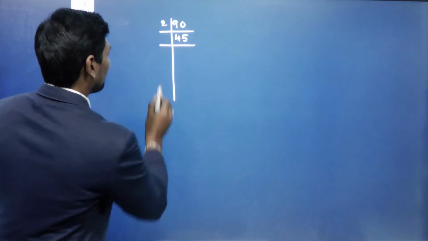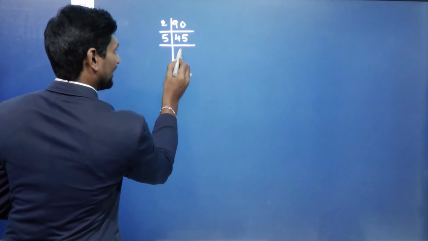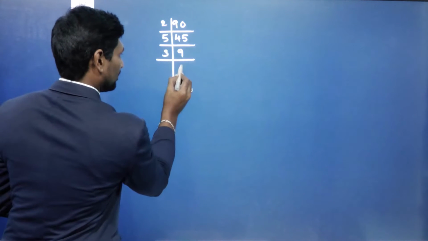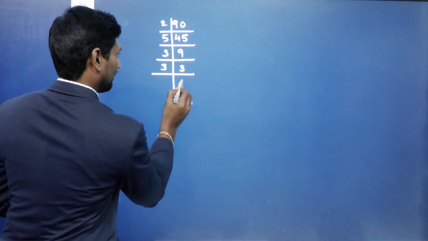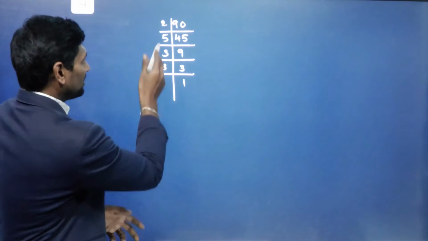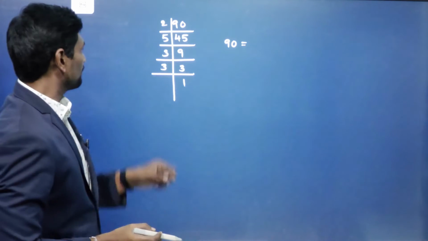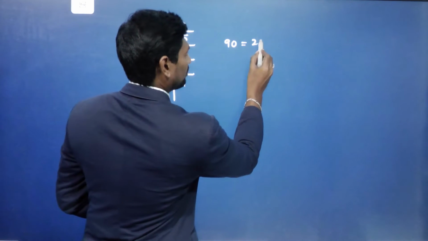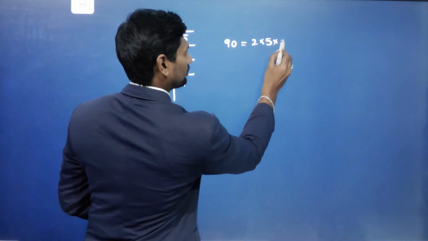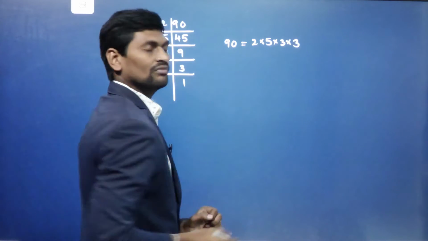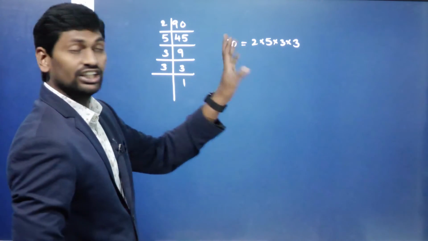Now I can take the 5 table, easy for us: 5 9s are 45. Now 3 table, 3 threes are 9, 3 ones are 3. That means the composite number 90 can be expressed as 2 into 5 into 3 into 3.